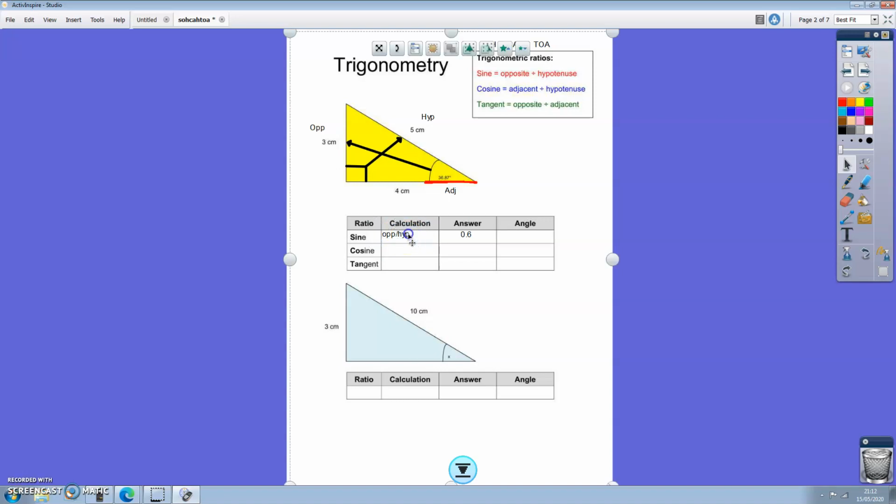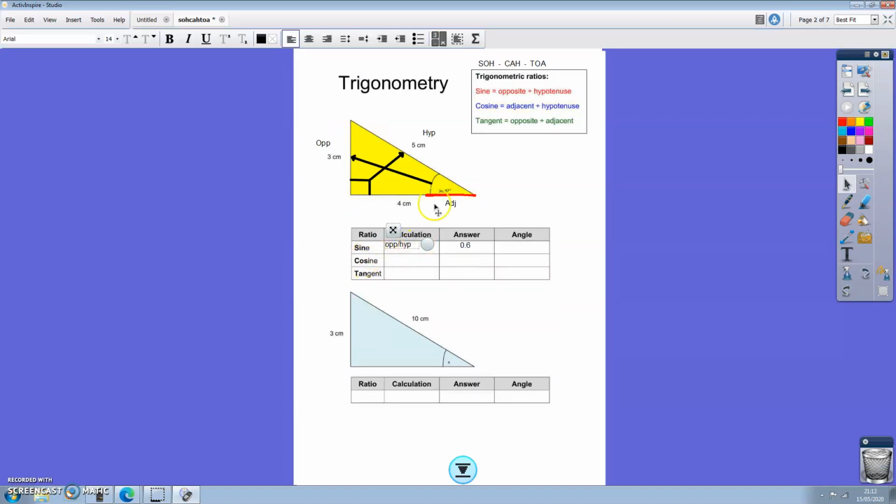For cosine, I'm going to use adjacent divided by hypotenuse. And for tangent, I'm going to use opposite divided by adjacent. So they're the three ratios, three sums that I would do.